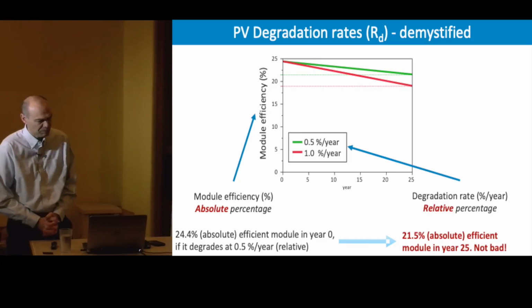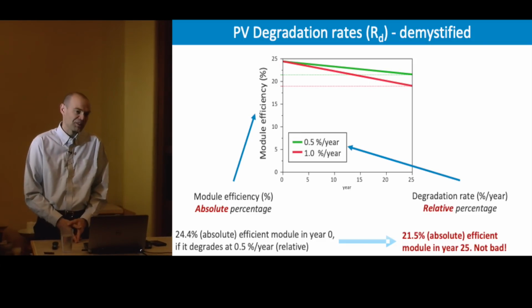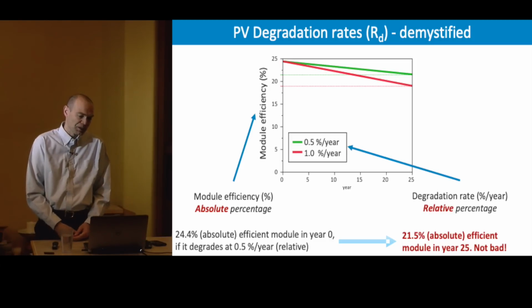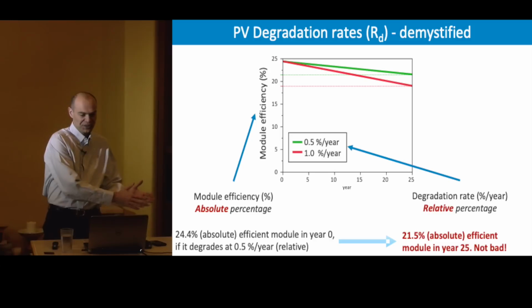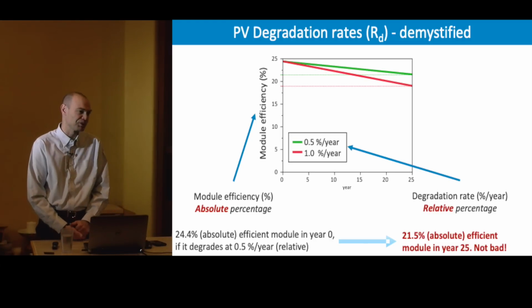Now that's the motivation. And so in the first part, I'll cover degradation rates. The first thing I want to show you is that degradation rate is typically expressed as a percentage per year decline, relative to the previous year. We also often hear about module efficiency, which is measured in percentage.